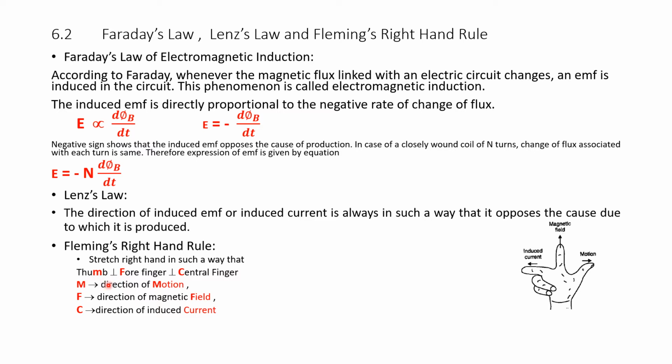So M indicates the direction of motion and F of forefinger represents the direction of magnetic field, as shown here, and the central finger represents the direction of induced current. So M of thumb is for motion, F of forefinger is for direction of magnetic field, and C of central finger is the direction of current.